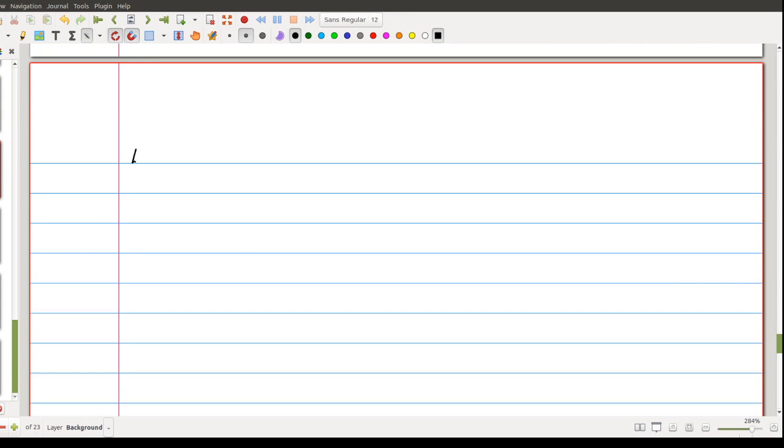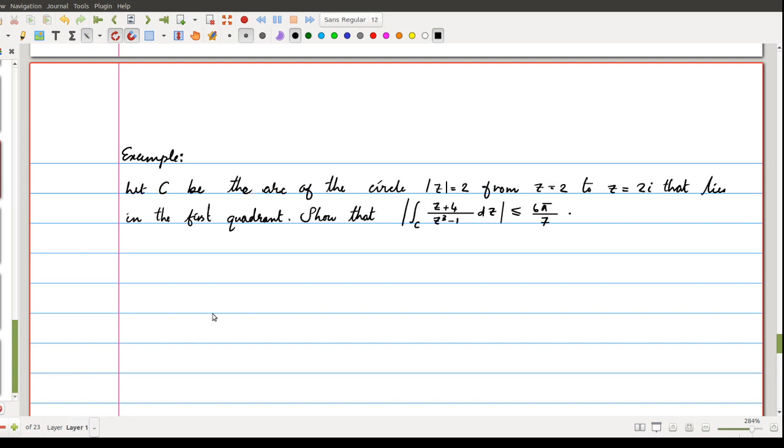Let C be the arc of the circle mod z equal to 2, a circle with center at 0 and radius 2.